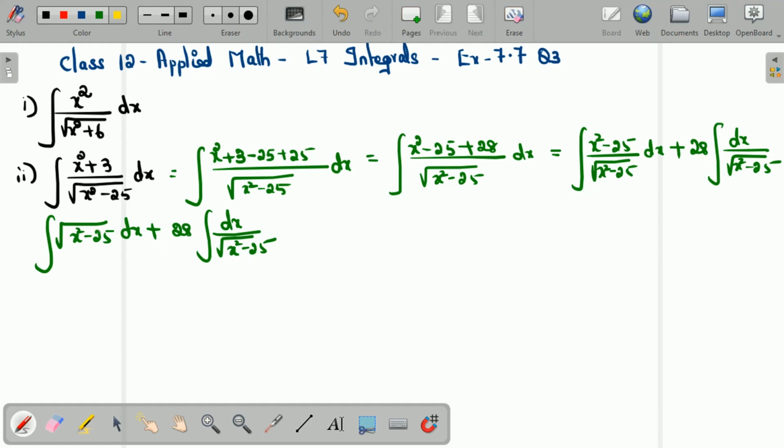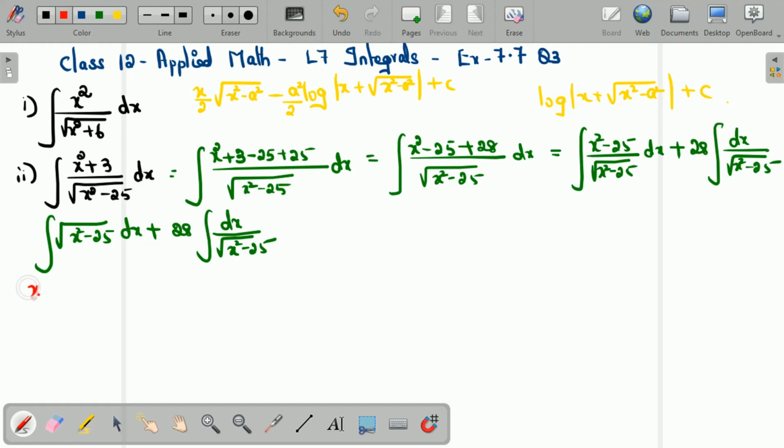Integral of root of x squared minus a squared has the formula x by 2 root of x squared minus a squared, minus a squared by 2 log of x plus root of x squared minus a squared, plus c. This will be the formula for the first term, and for the second one the formula is log of x plus root of x squared minus a squared plus c.